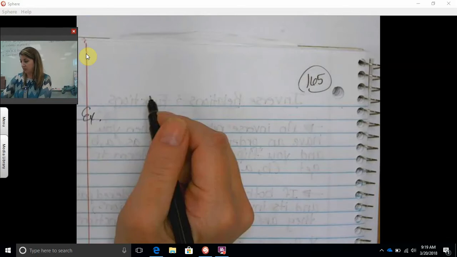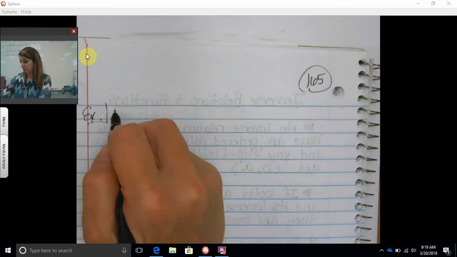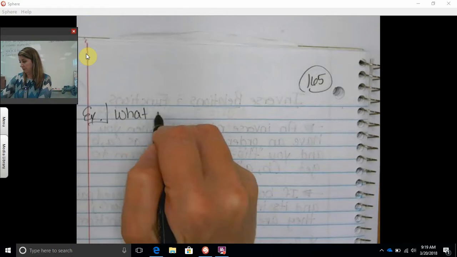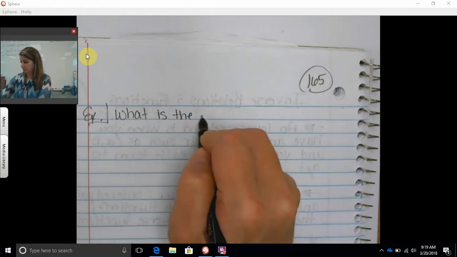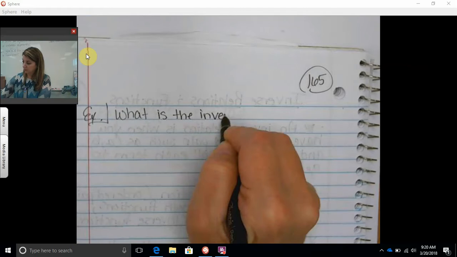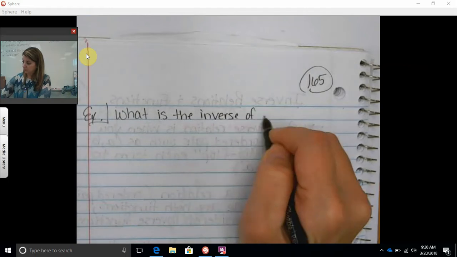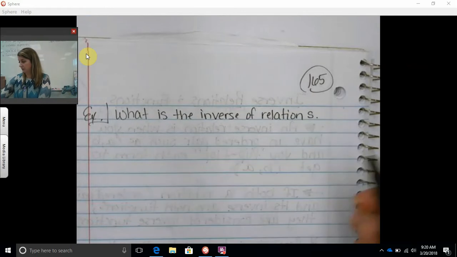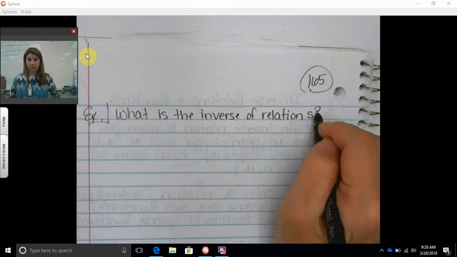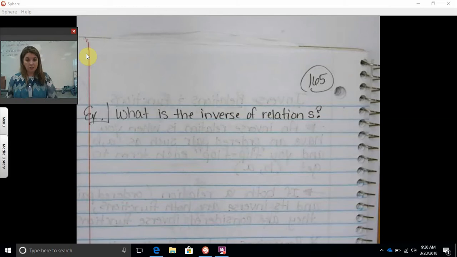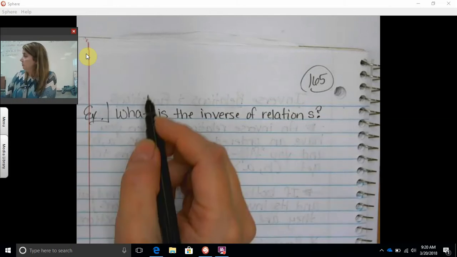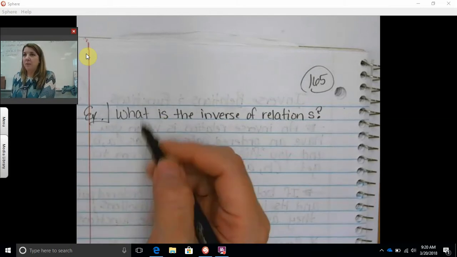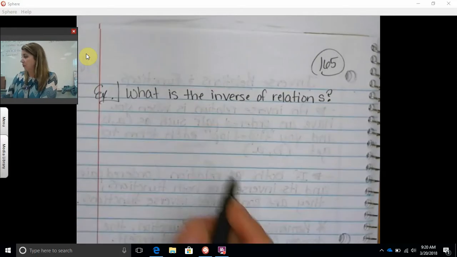What is the inverse of relation S? So this time I'm going to give you a table of values, not a mapping diagram, but a table of values.